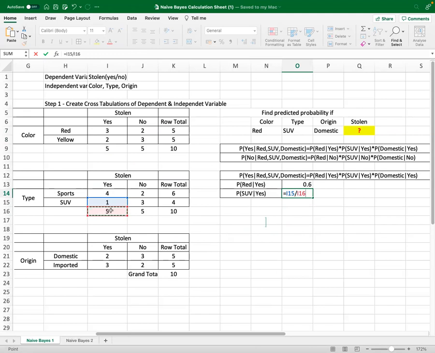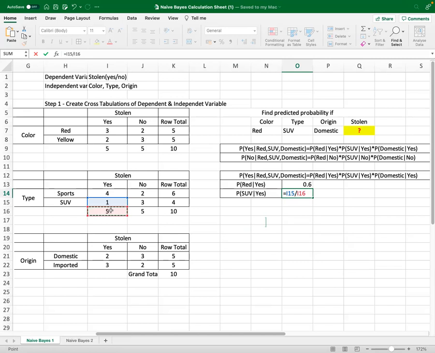Type is SUV. How many SUVs are there? One only, right? No. How many are there in S category? SUVs that are stolen.